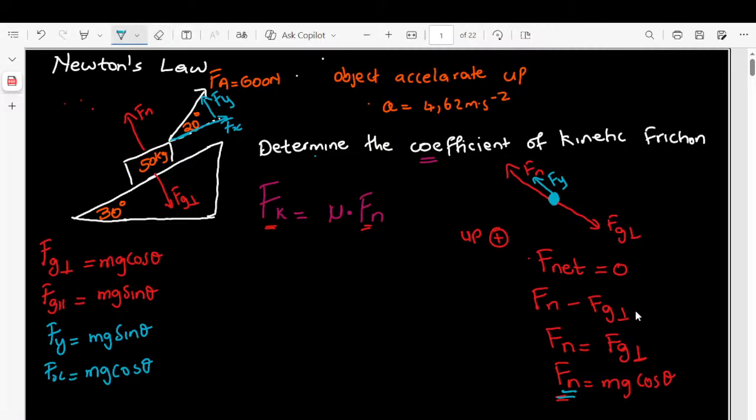Remember, Fy is also included. I think it's best if we just erase this part so we can fix our mistake. I hope you guys understand what happened here. We missed a vertical force, and that is Fy, and Fy is mg sin θ.